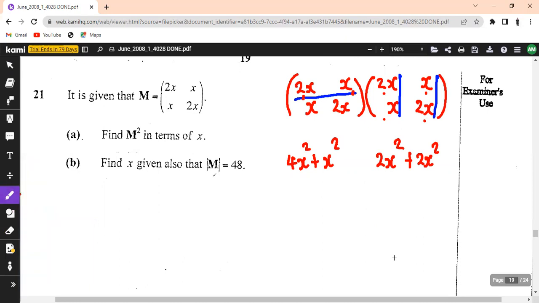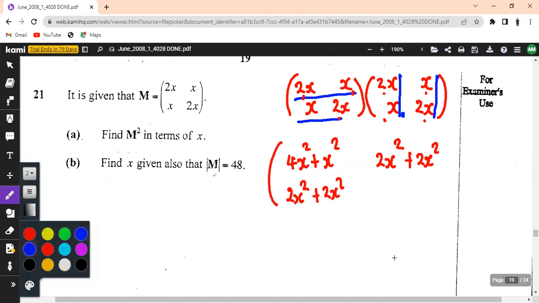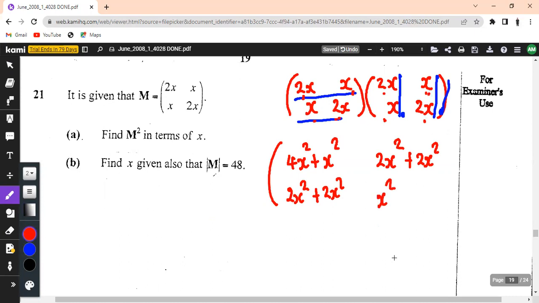We move on to this row and the first column that we had. So we are going to have x and 2x, that's 2x squared, 2x and x, which is 2x squared. We are done with this row and column. We move on to the last column here. So it's going to be x and x, which is x squared, 2x and 2x, which is 4x squared.